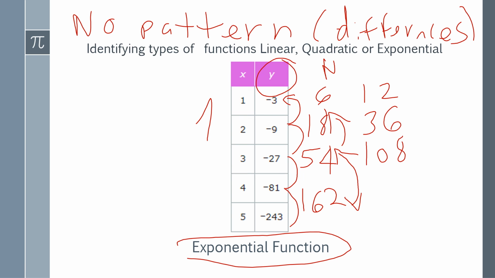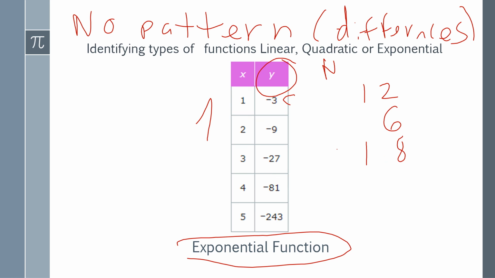But let's take it a little bit further. So we realize, okay, between all those y numbers, there's no common difference or pattern. So I tried it again, and there's still none. So Mr. Howard, you tripping? Why are you giving us this for? Well, because you got to know it, so you can understand the why in terms of these things.